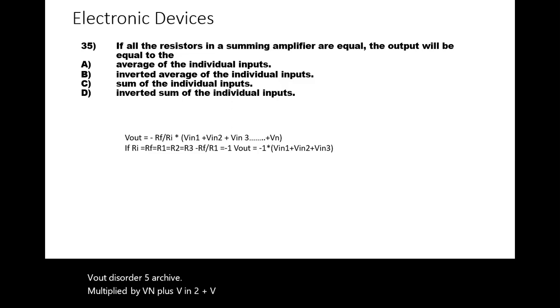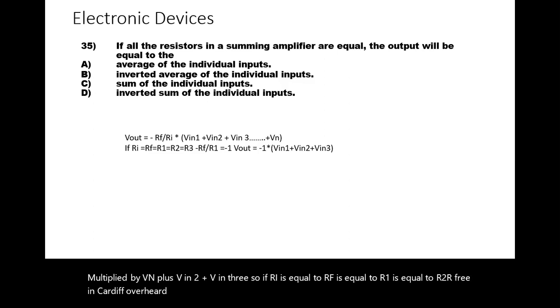So if RI is equal to RF is equal to R1, R2, R3, then RF over R1 is equal to 1, and Vout is equal to 1 multiplied by Vin1 plus Vin2 plus Vin3. So that's the inverting sum of the individual inputs.